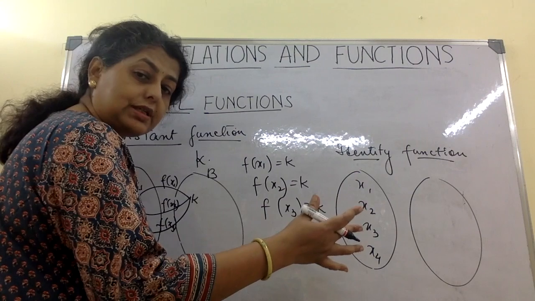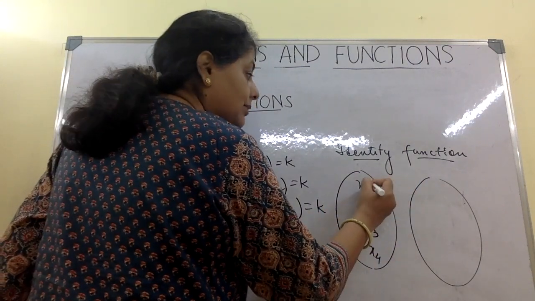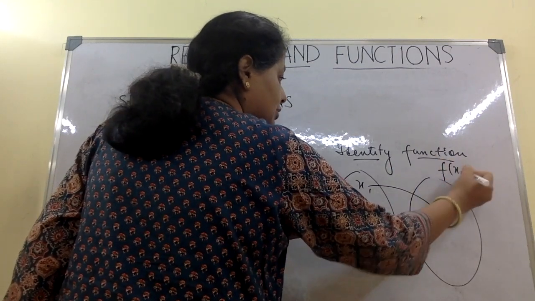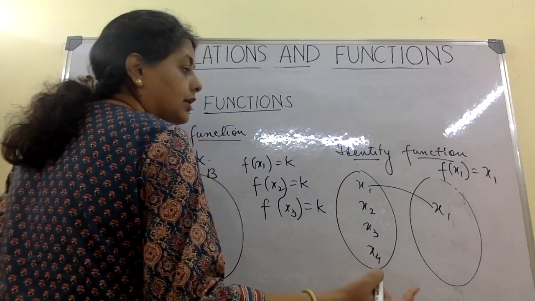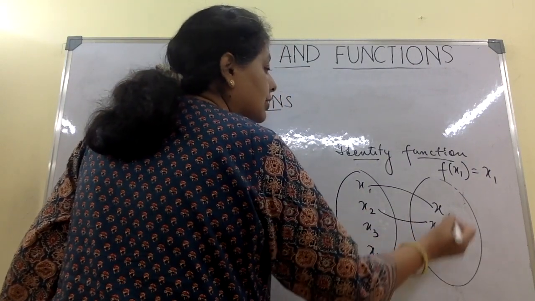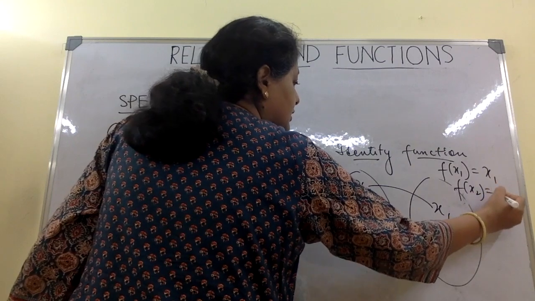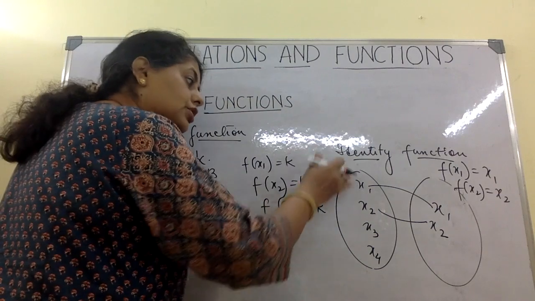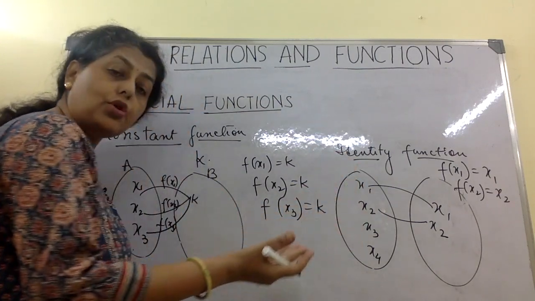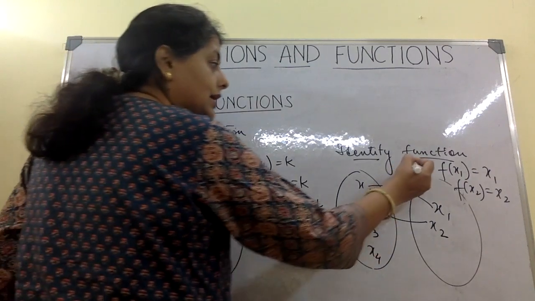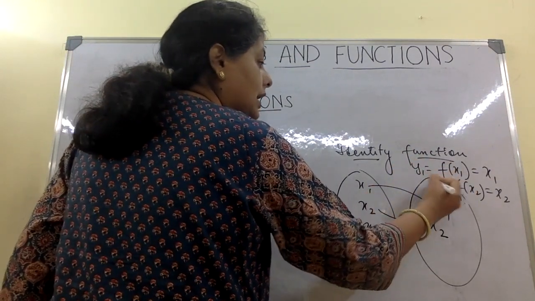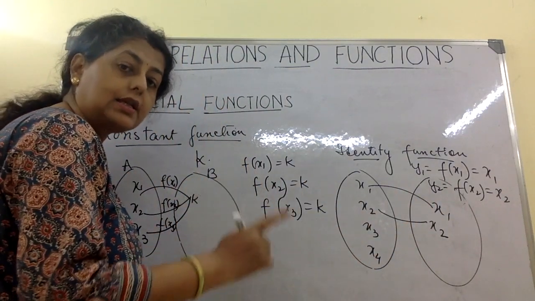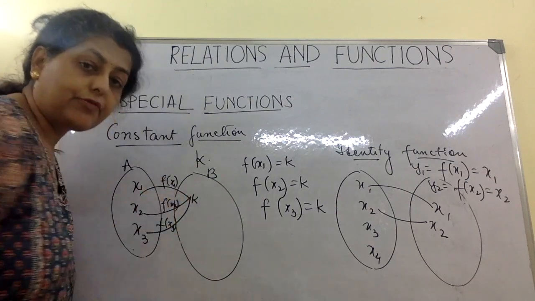They are mapped onto itself means their image is also the same, means f(x1) is equal to x1 again, f(x2) is equal to x2 again. Now this is an identity function. So we say when each of the members of the domain are mapped onto itself, y1 is equal to x1 and y2 is equal to x2. So that is called an identity function. So let's see the next type of function.